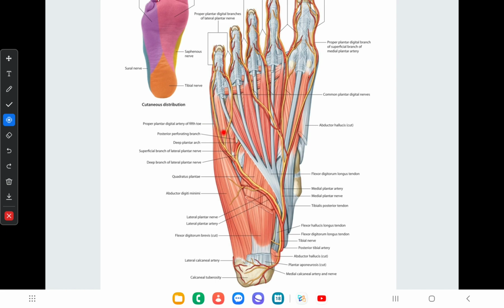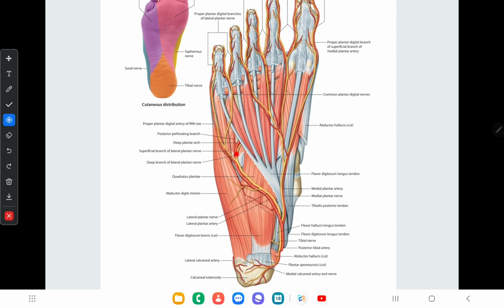It supplies flexor digiti minimi and interosseous muscles of the fourth intermetatarsal space. Then plantar digital branches pass to the sides of the lateral 1½ toes, and nerves extend onto the dorsum and supply nail beds and tips of the toes.